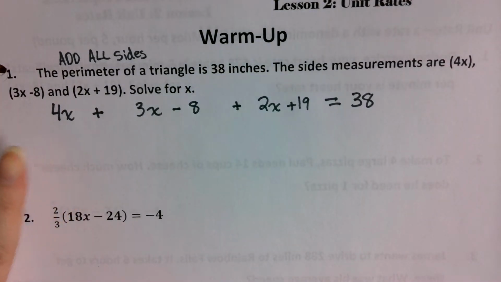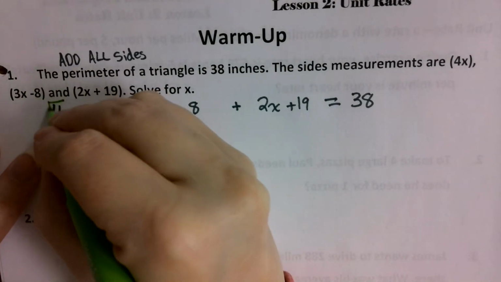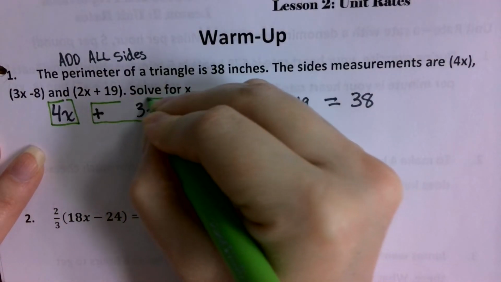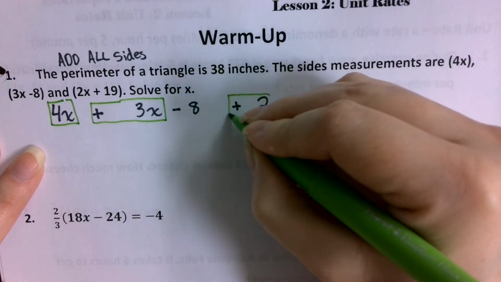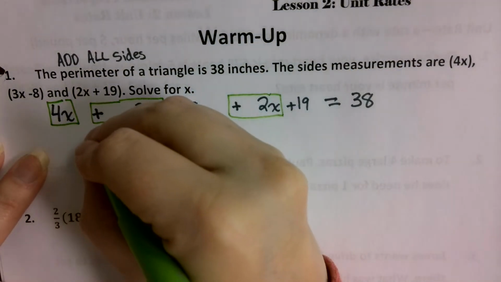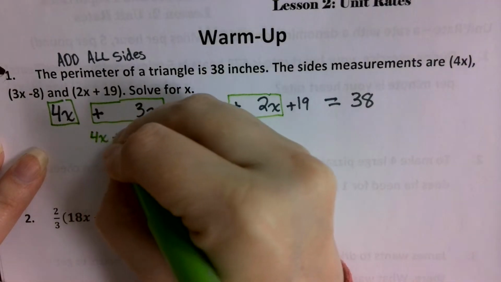Okay, from here, we then focus on combining our like terms. So we do have like terms as variables, right? We've got 4x, we've got a positive 3x, and we've got a positive 2x. 4x plus 3x plus 2x is going to give us what? 9. Very good.